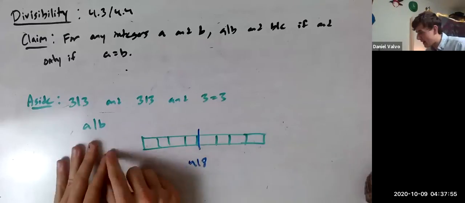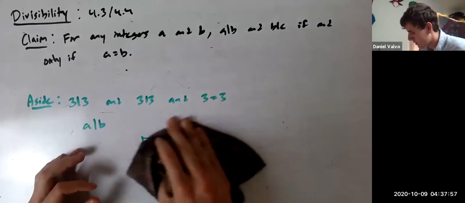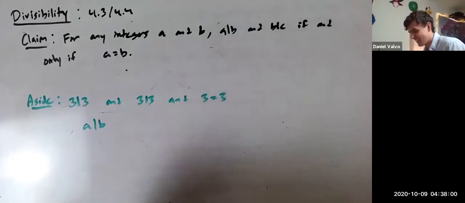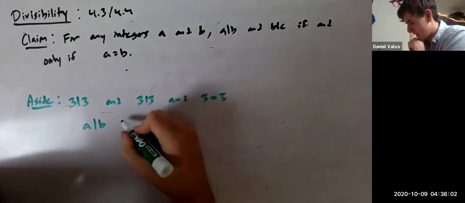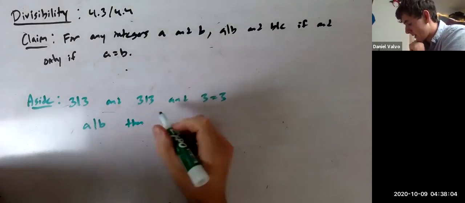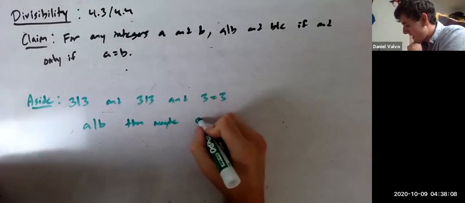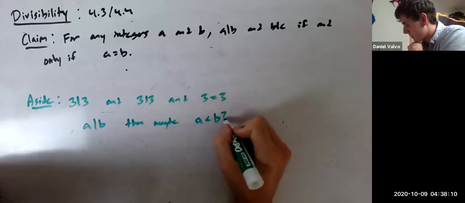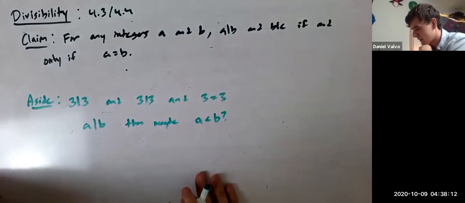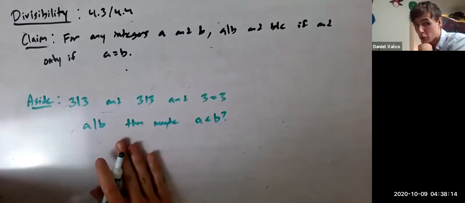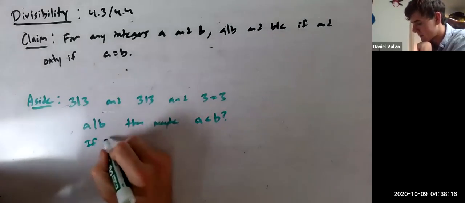So if A divides B, then maybe, we haven't proved it yet, but then maybe A is less than or equal to B?